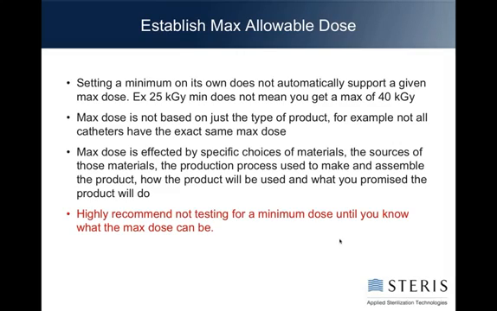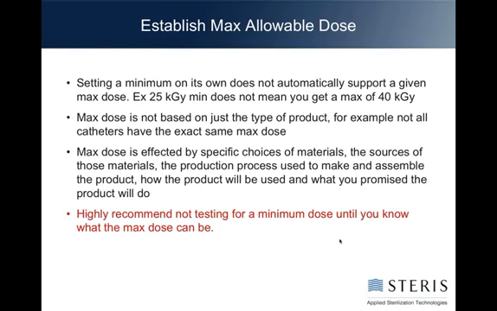For example, if you look in literature, the most common dose range you'll see for irradiated products will be 25 to 40 kilogray. There are methods that will give you the ability to claim 25 kilogray gives you your sterility assurance level. By doing that work to establish the 25 does not mean you have automatically established 40 as your maximum.